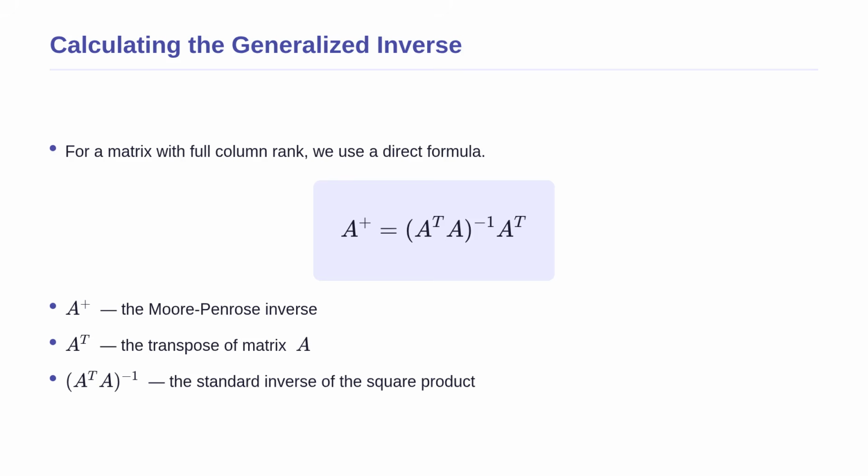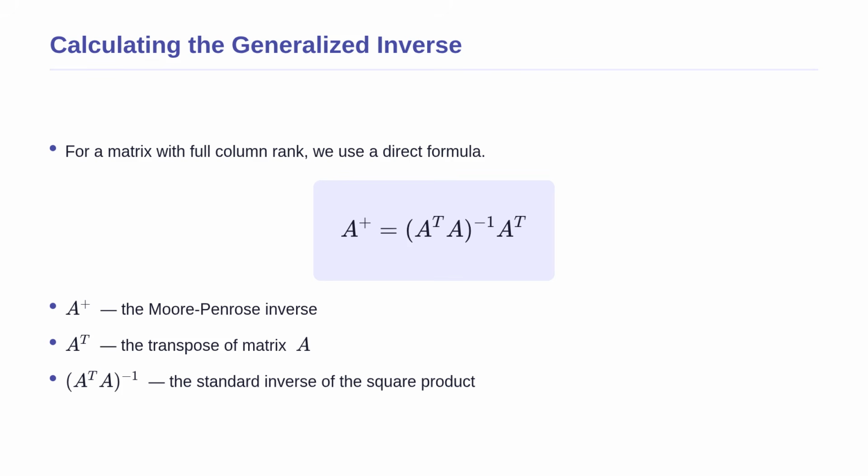This brings us to a practical question. How do we actually calculate it? If our starting matrix has full column rank, meaning every column brings completely new, independent information, we can use this specific direct formula. Conceptually, we first multiply the transpose of the matrix by the original matrix.